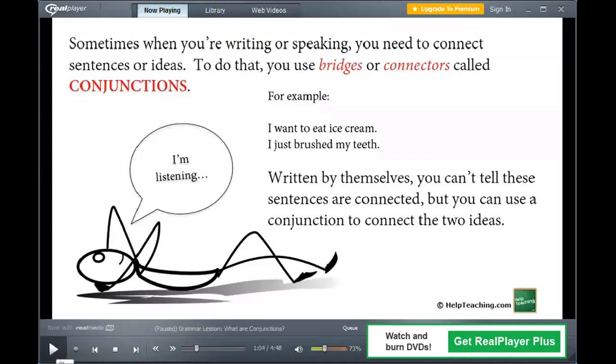Now, these are two different sentences. The first one, I want to eat ice cream, is quite different from the second sentence, I just brushed my teeth. They are not connected in any way. They have two different ideas.